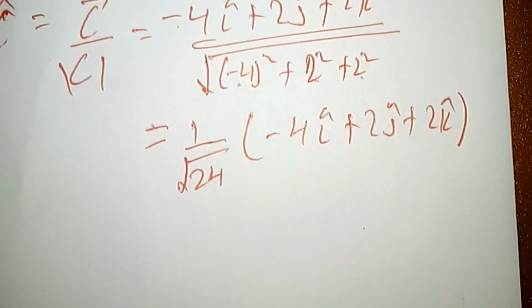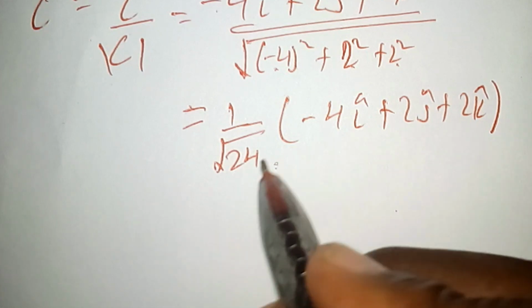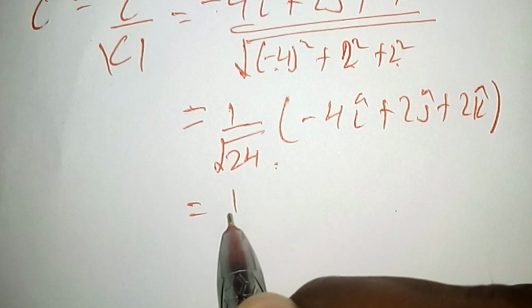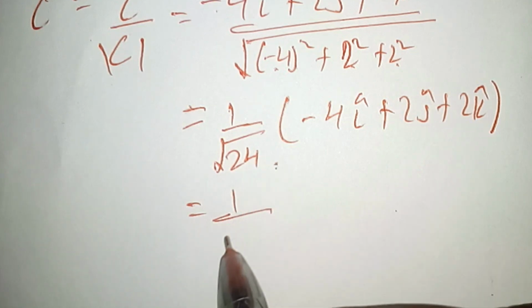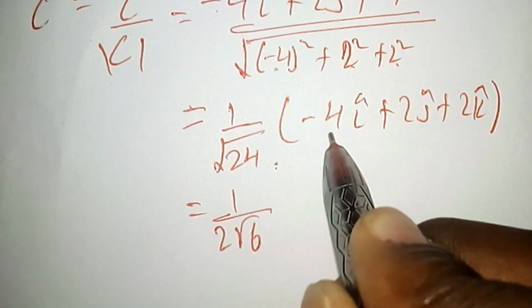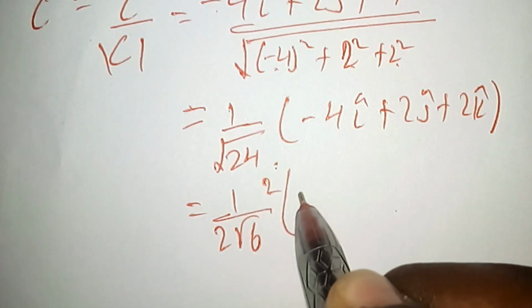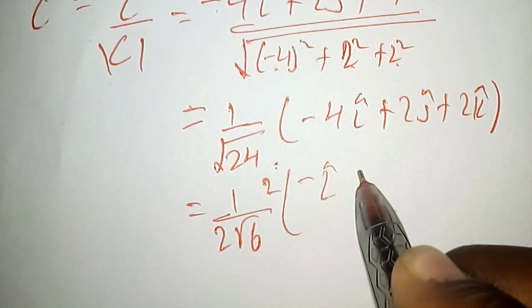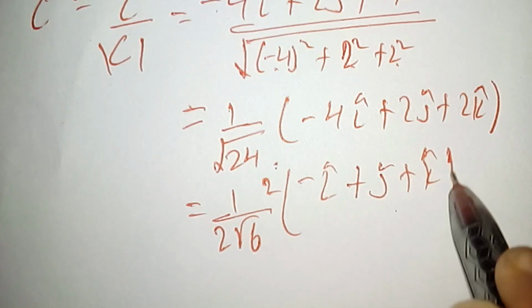But still we can simplify this. 24 is equal to 4 times 6, so we can say it is 1 over the radical of 4 times 6, which is 2 into radical 6, and also we can take 2 common out as minus 2i plus j plus k unit vectors.